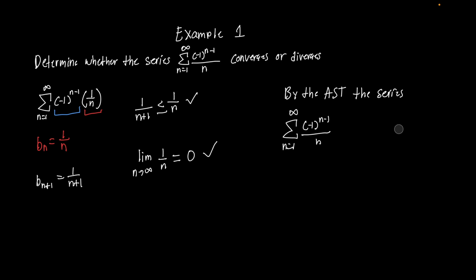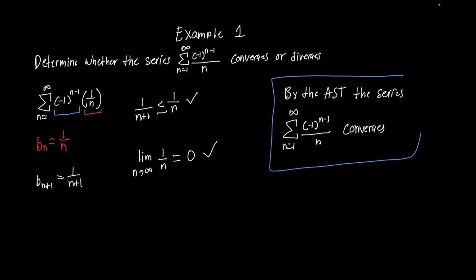Please excuse my handwriting. It's kind of hard to write, my iPad's slippery. So that's our final answer. This converges by the alternating series test. So let's move on to the next example.